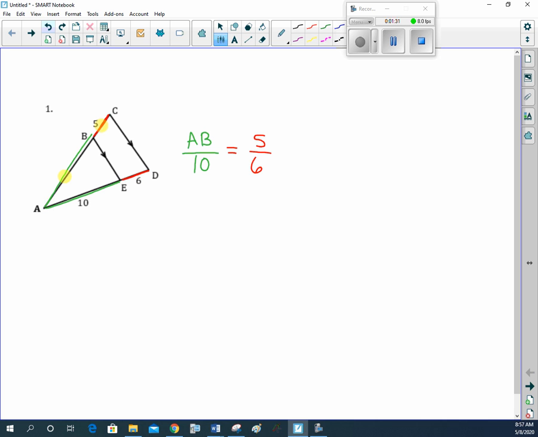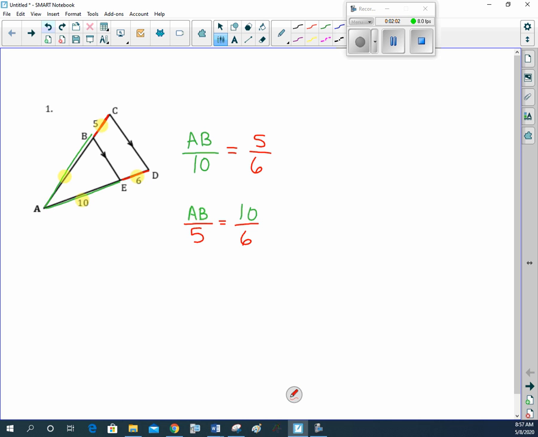So I would go AB, which is green, and then I would go 5. Okay, but I have to keep the same pattern. Since I started with the green piece first, on the other side, I have to start with the green piece, and I'd have to go 10 to 6. So then it would be 10 over 6.